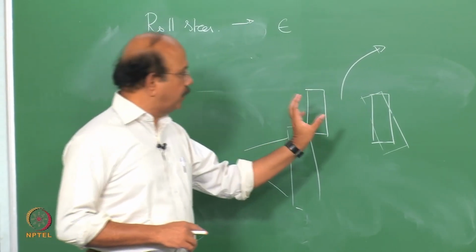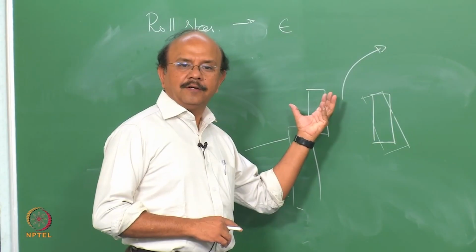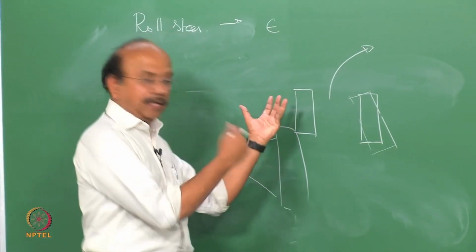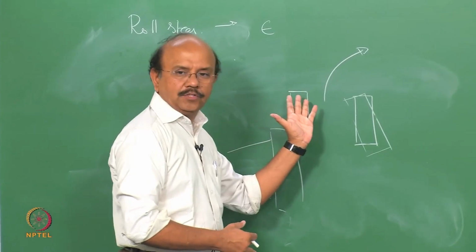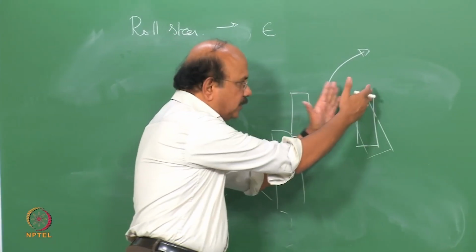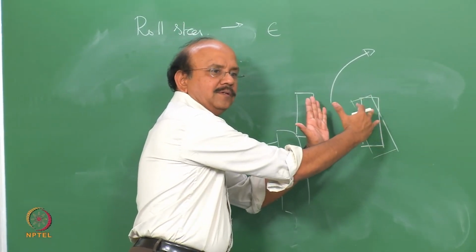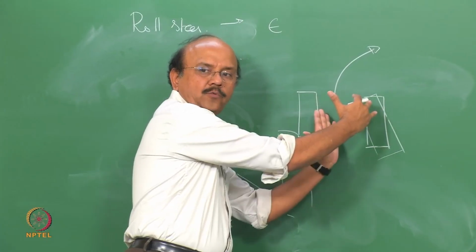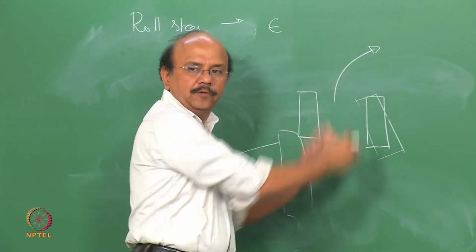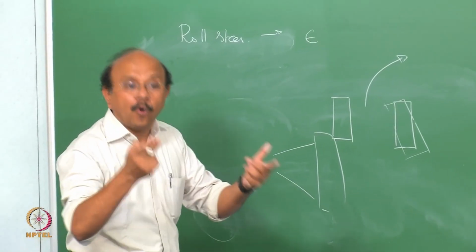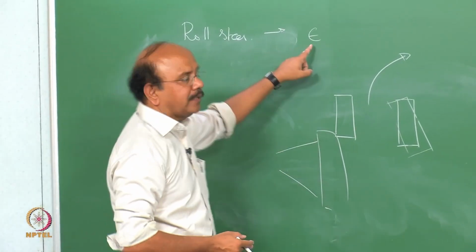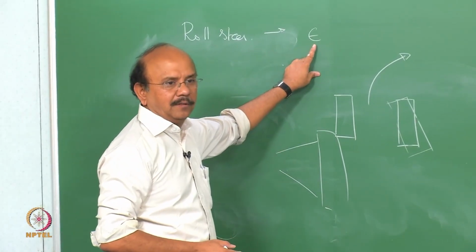So if the roll is to the left, and if this wheel happens to now go along with me to the left, that would cause an oversteer. So I would put a positive epsilon.